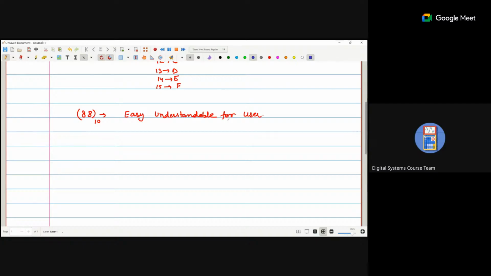We can easily understand 88, but we can't understand what is the meaning of B7 or A3. We think that A is the alphabet and 3 is the number, so it is an alphanumeric number, but basically this is a number. So the decimal number is easily understandable for us.